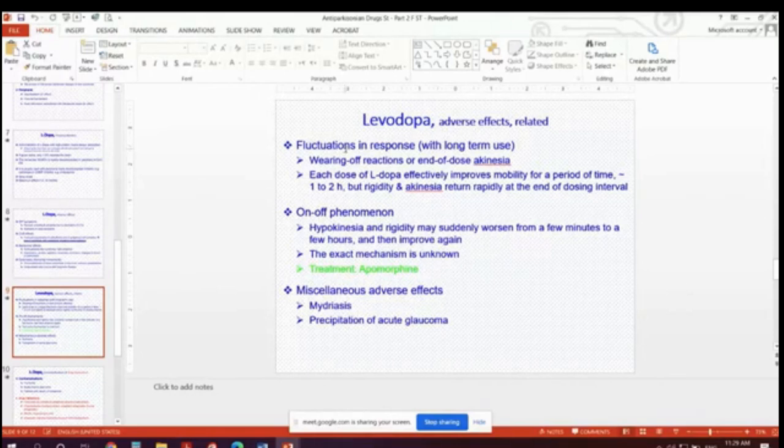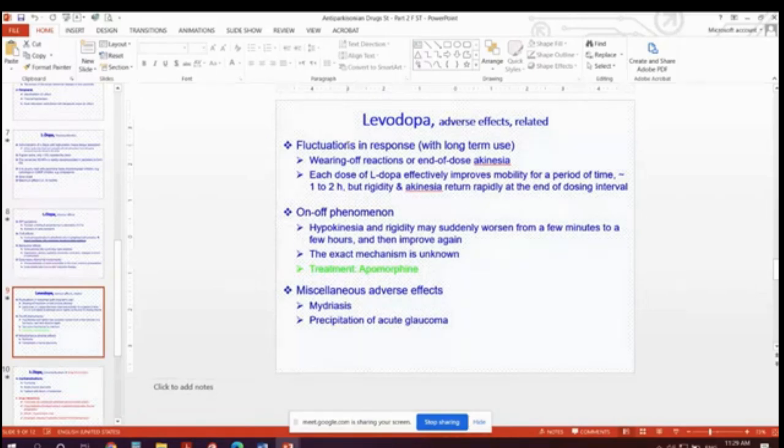So they could be used in this case to prevent this fluctuation. Because what happens in this wearing off phenomenon? Can anyone explain? What do you expect?